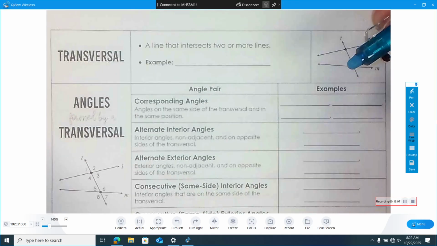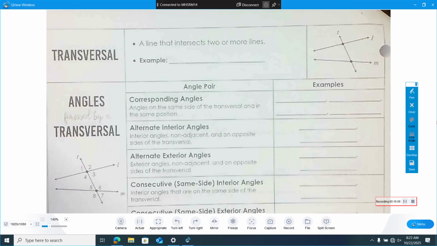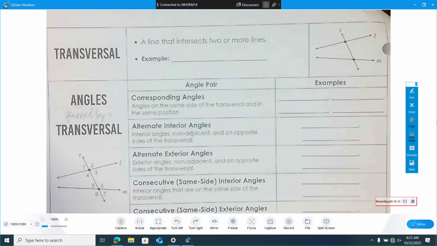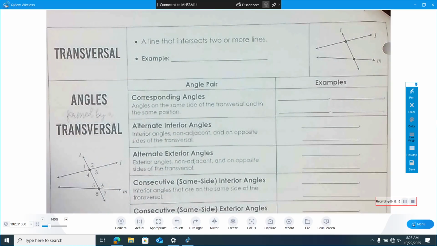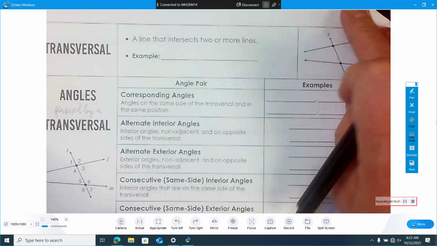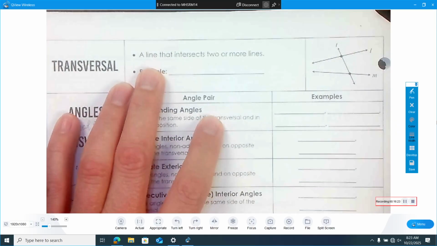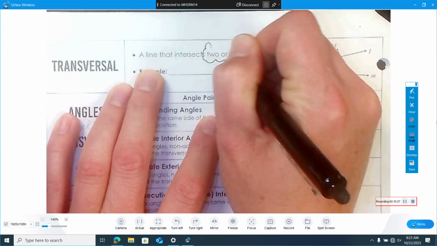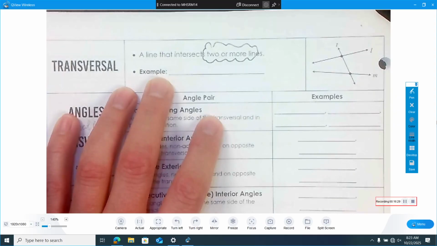Now we want to talk a little bit more about transversals. Well, actually introduce transversals. This is the thing we're going to be working with most of this unit. So we want to really understand well what a transversal is. A transversal is a line that intersects two or more lines.